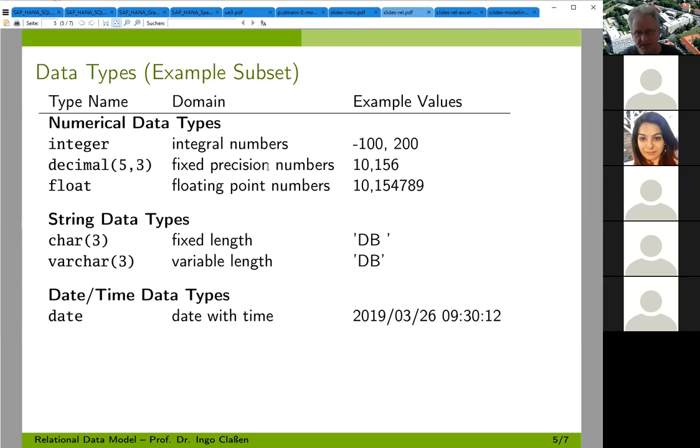These fixed precision numbers are usually used in the business context, for example, currency amounts, and they should have, within a general ledger also, a fixed precision. But if we are talking about information about technical processes, for example, if we are measuring temperature, weight or height of persons, there usually floats are used.